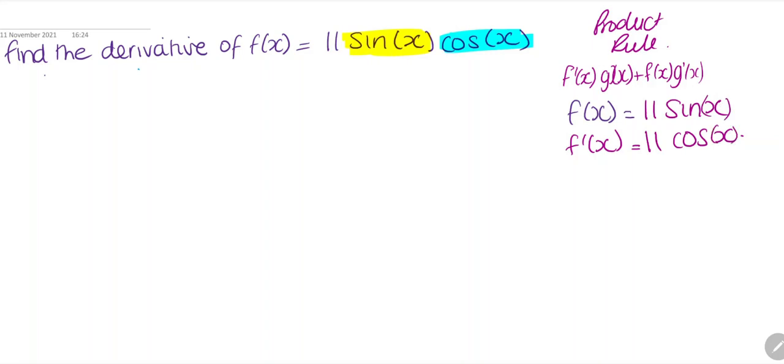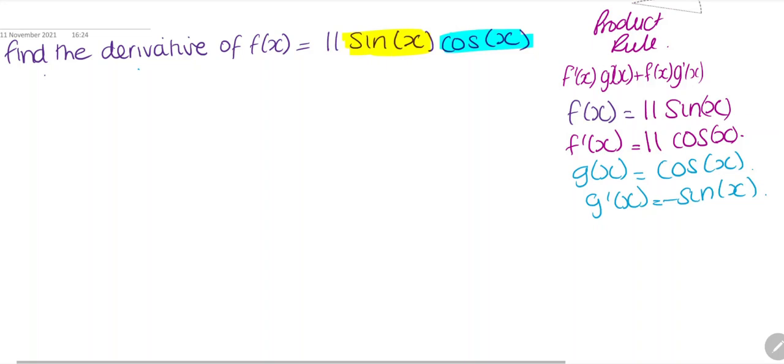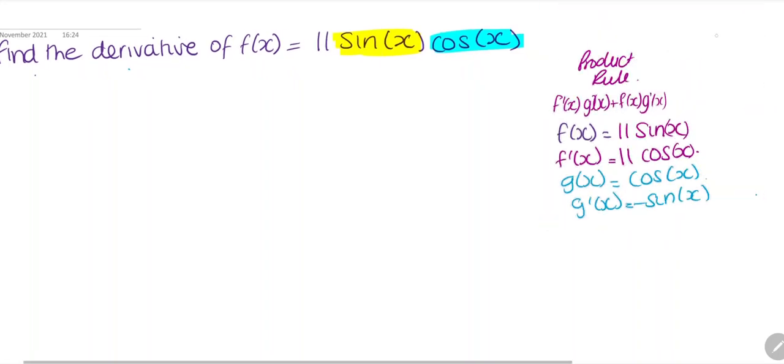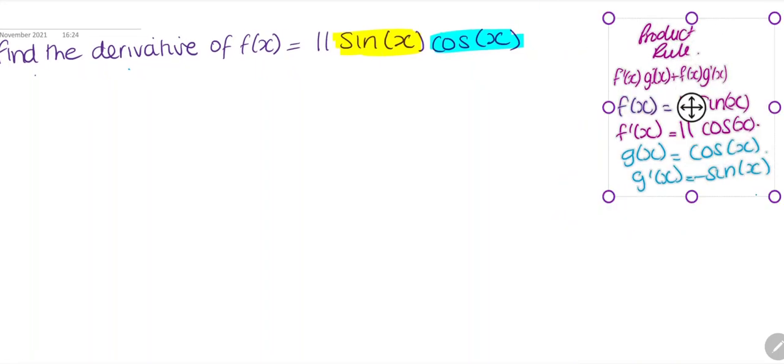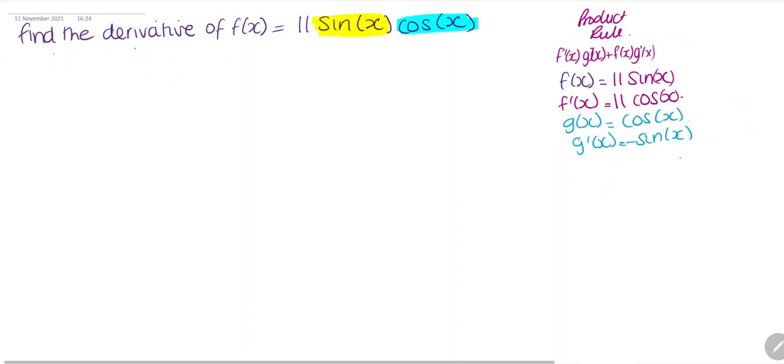And g of x, this is cosine of x. And our derivative of cosine is negative sine of x. So we're going to put this into the product rule and then put it into our function.